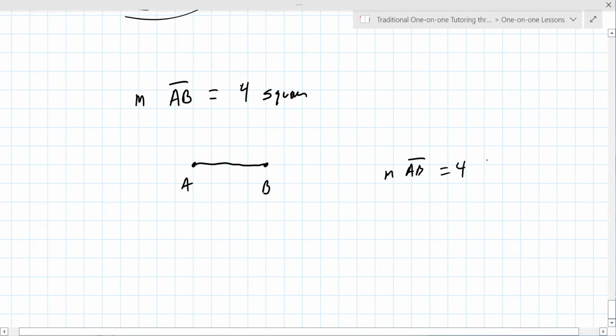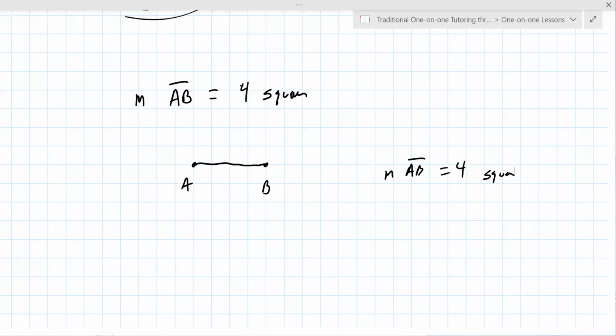You would want to say it's 4 squares, or 4 whatever units, like centimeters, inches, and so on. So it's moving over 4. And it's a line segment that's not going on for infinity. It's fixed at each point.